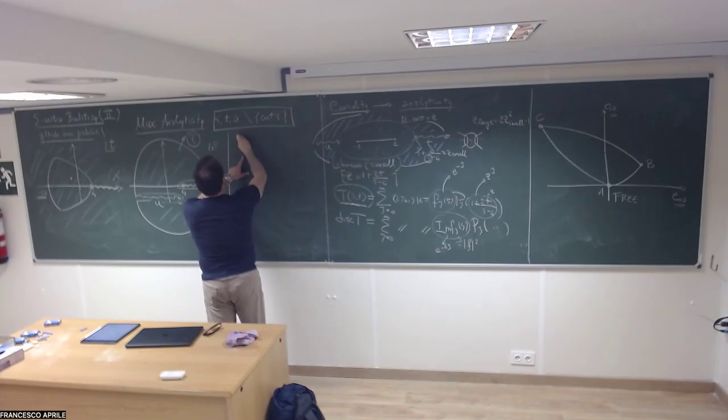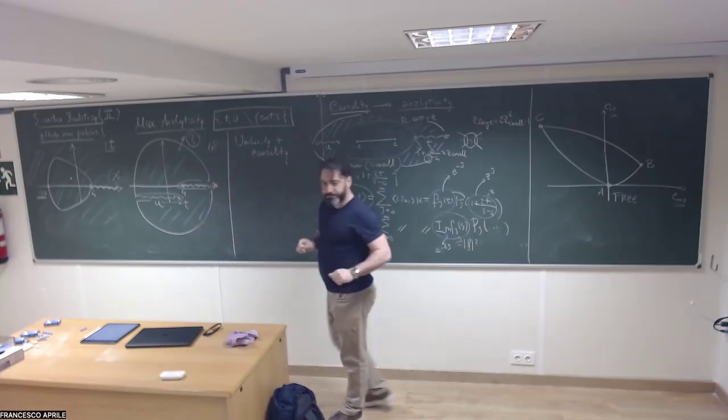Now, another nice statement is that unitarity plus causality imply polynomial boundedness.